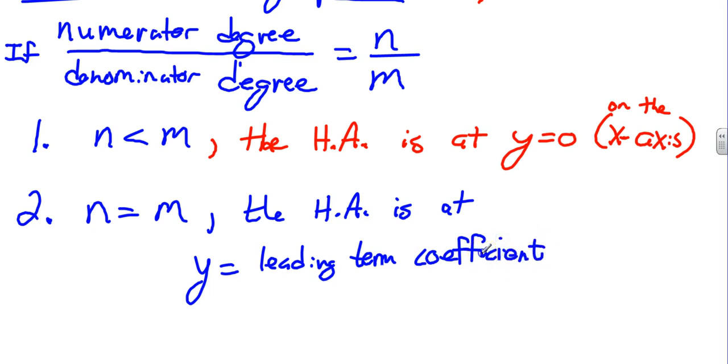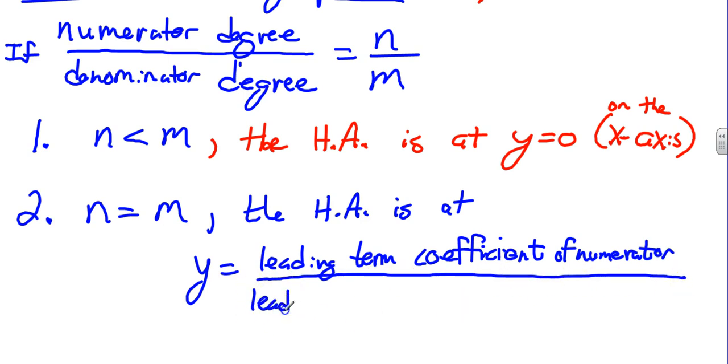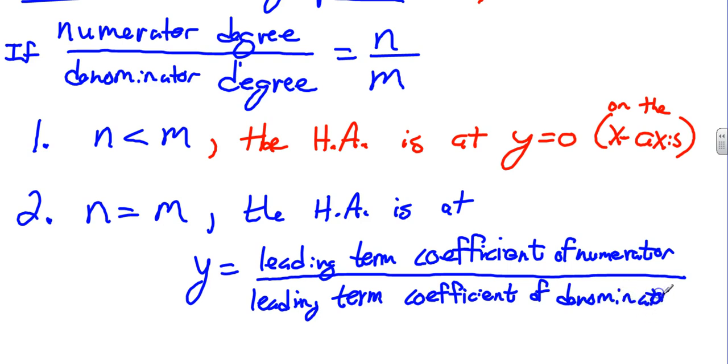So it's going to be the leading term coefficient of the numerator divided by the leading term coefficient of the denominator. Because they're basically the same, the variables cancel each other out, and whatever's left over, your coefficients, that's what you're going to get.